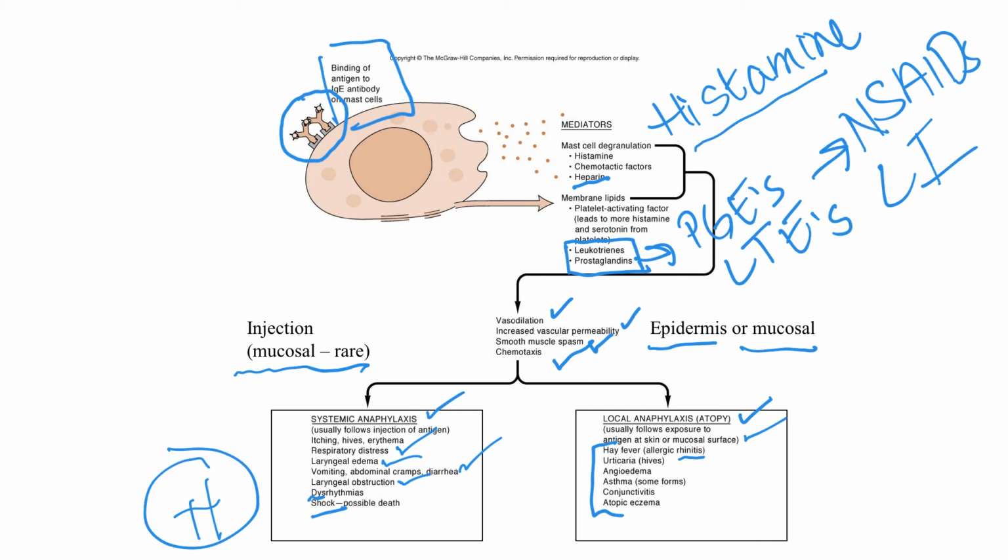So all of these things can be reversed at the local level, definitely by an antihistamine, because this response is driven by the release of histamine. For more systemic things, it's always going to be most important to treat anything respiratory-wise first, because if you can't breathe, you can't live.